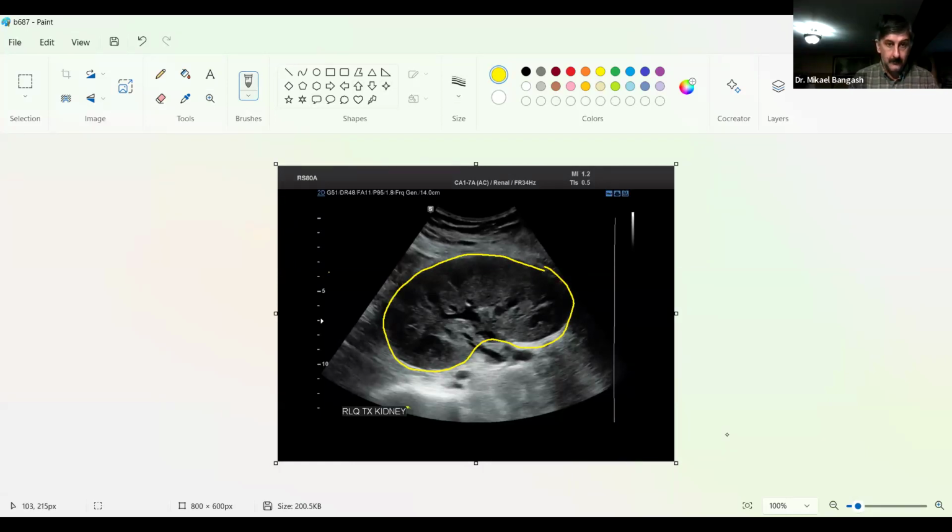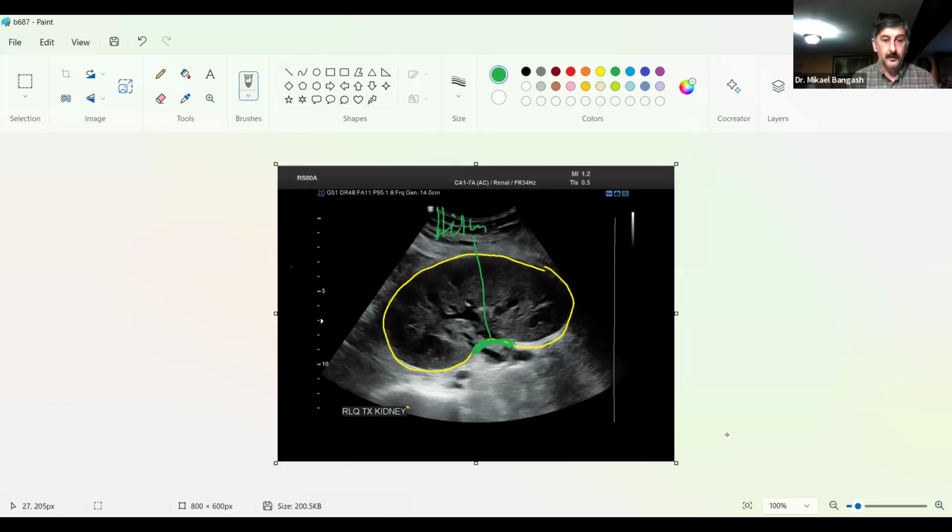Now, you see the kidney here. Okay, let's just look here, guys. What did we call this area here? The hilus.